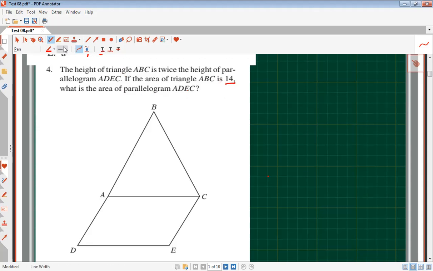First, we need to draw the height of the triangle ABC. It is BK. And we also draw the height of the parallelogram ADEC, AH.